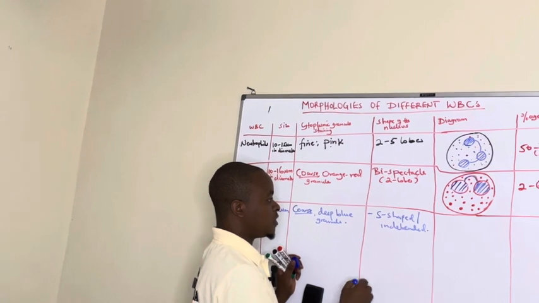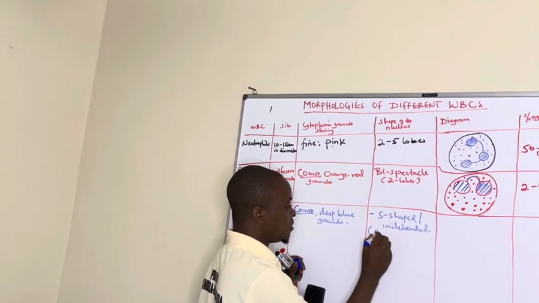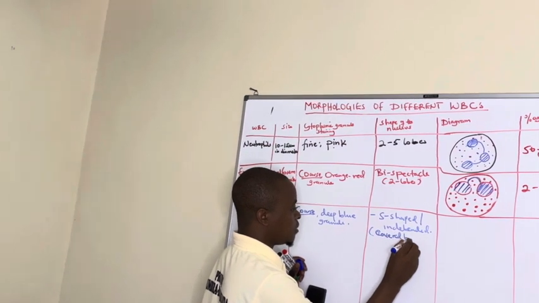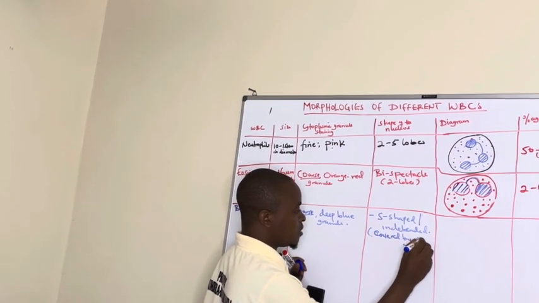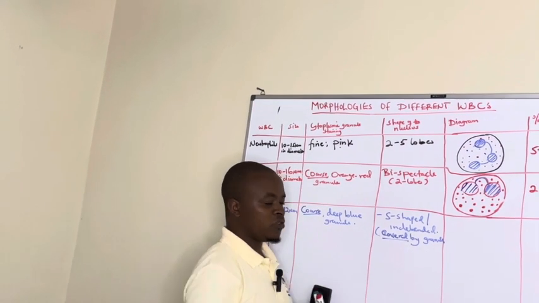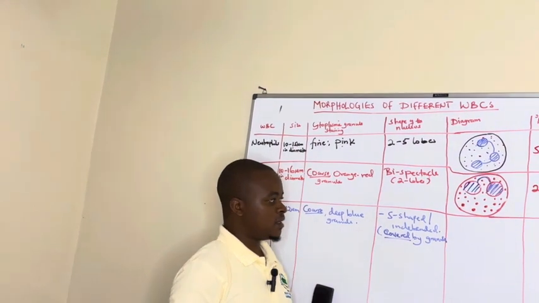And this nucleus is always obscured, or covered by the granules, because the granules are very coarse and they cover the nucleus, so it is hardly seen.